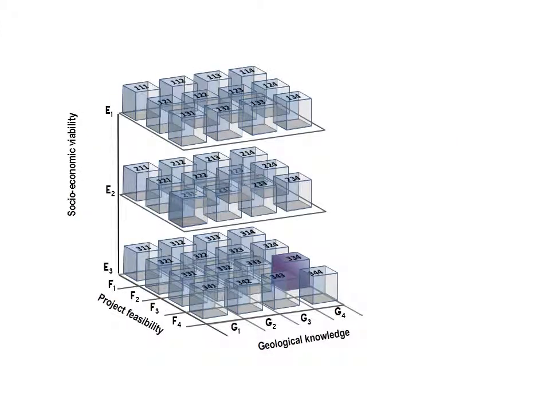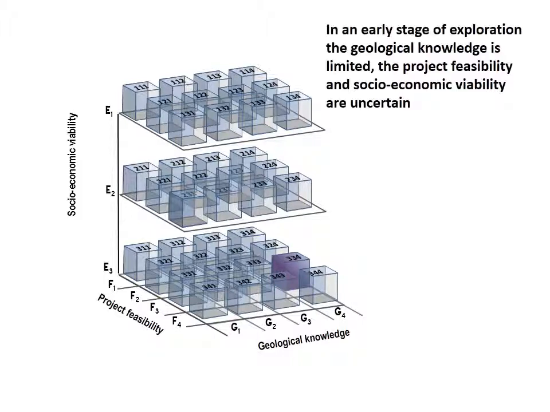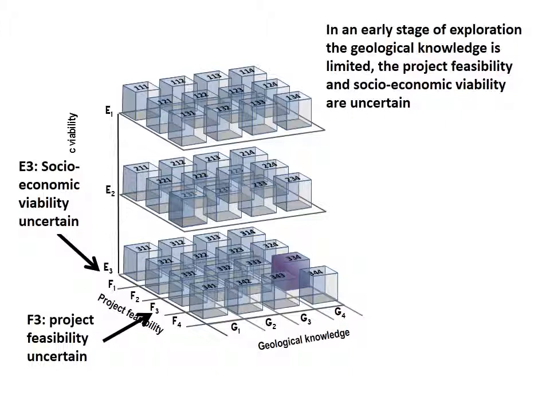In an early stage of a project, the economic viability of the project is uncertain, represented by category E3 on the E-axis. Feasibility of development is also uncertain, and the project is categorized as F3 on the F-axis. Geological knowledge is limited, categorized as G4 on the G-axis.